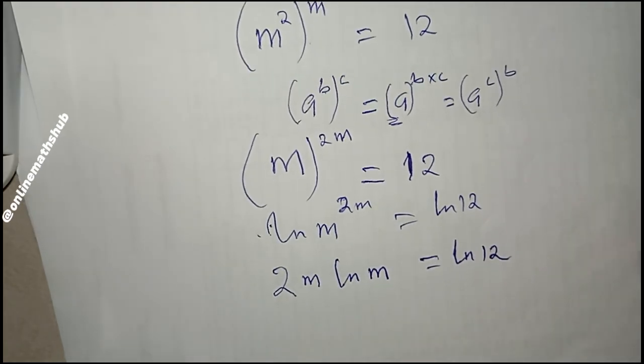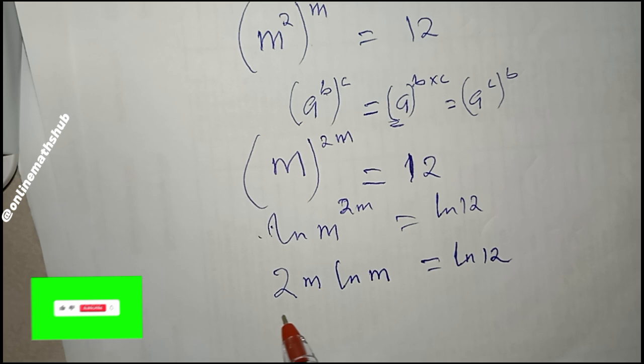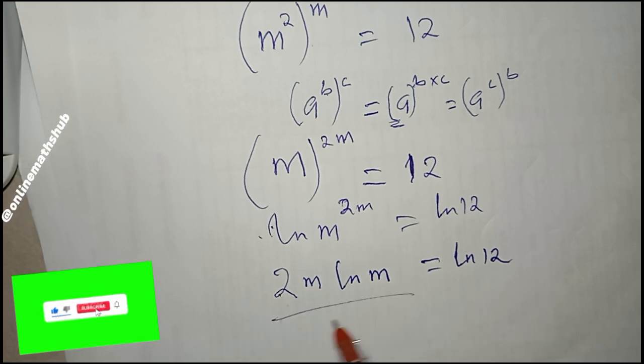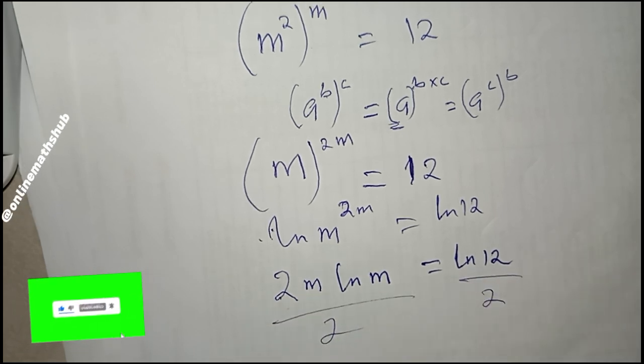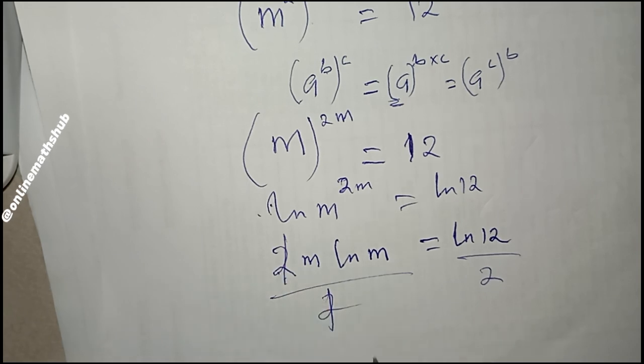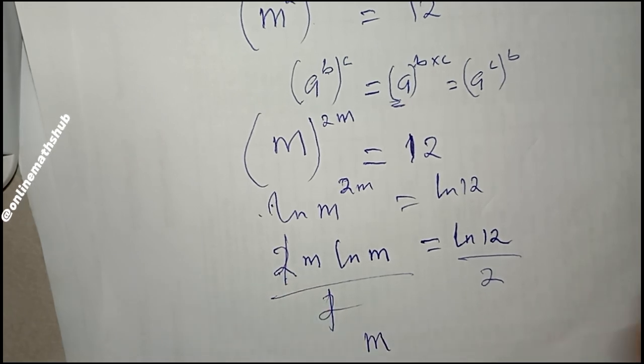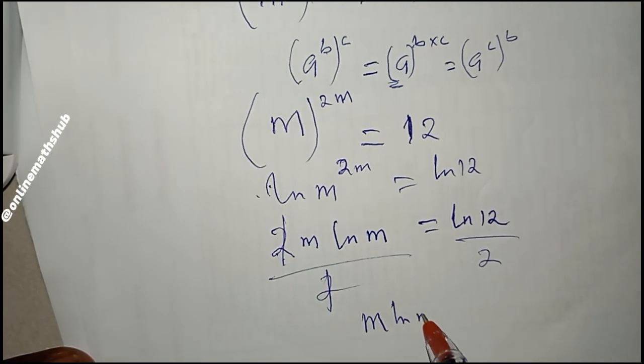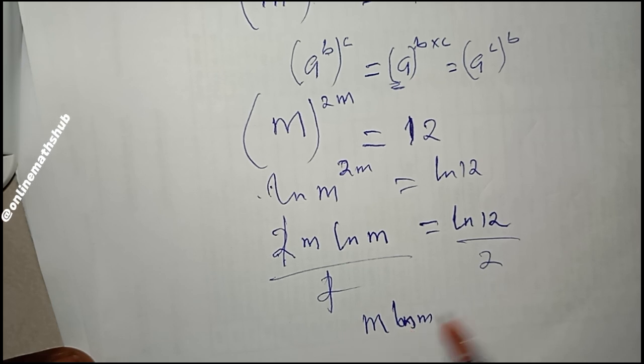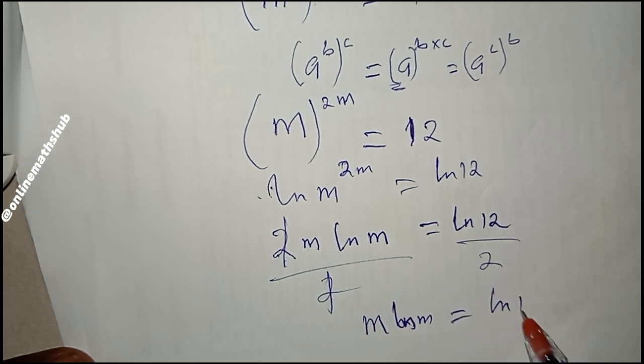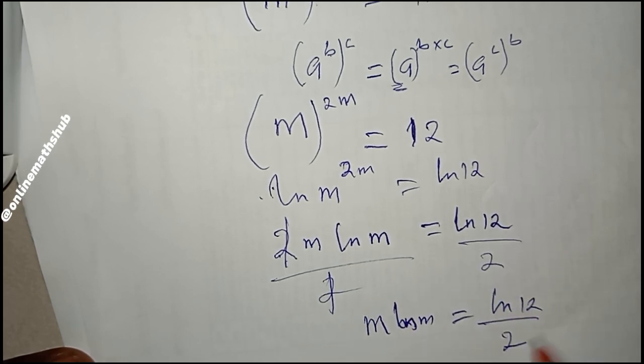Moving on, I will divide through by this constant here too, and then this cancels this, and I'm left with m natural log of m is equal to the natural log of 12 divided by 2.